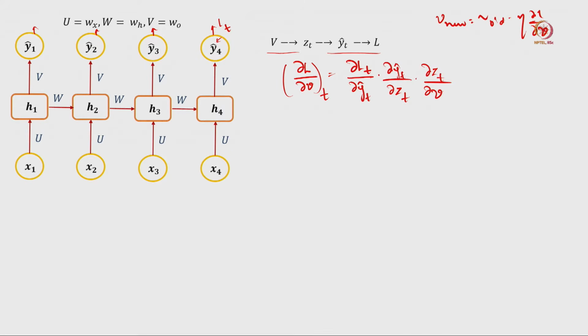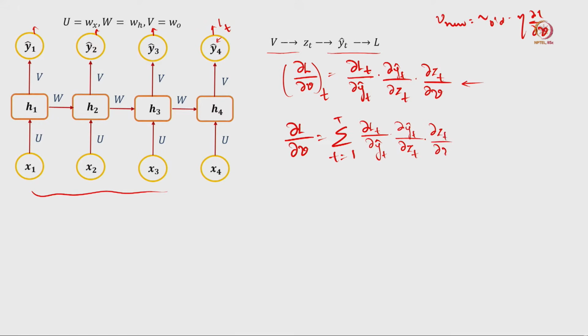I hope this is clear. And what exactly is this term? It is at one time step. Then for the overall model, how will we write it? The derivative of loss with respect to V is a summation from the first time step over all the time steps, of the derivative of the loss at time t with respect to the predicted value at that time step. This is how we will write it for the complete model.